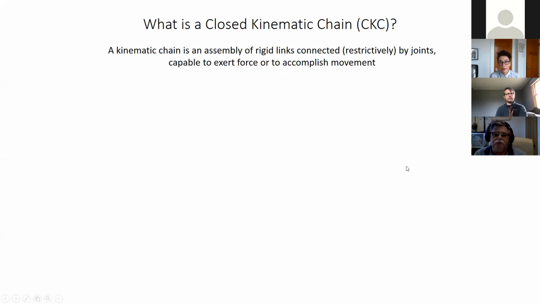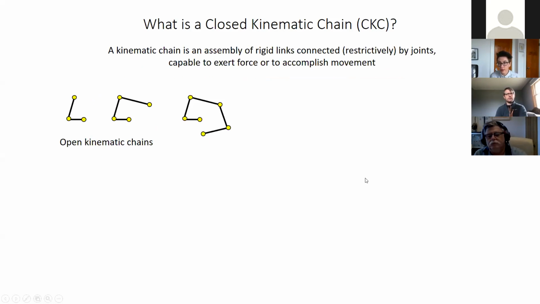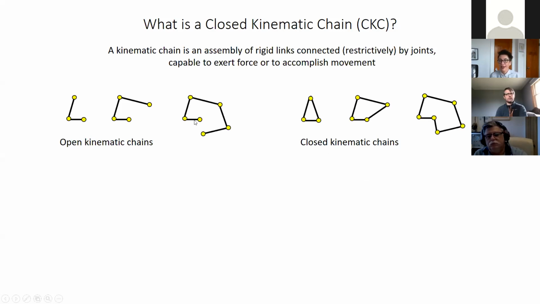So a closed kinematic chain is an assembly of rigid bodies that are connected by joints to each other. The difference between open chains and closed chains is purely topological, right? The difference also is more pronounced when the rank of the chain is low. So for example, here we have an open chain of 3 links and it's very floppy, and the closed chain of 3 links is absolutely rigid.